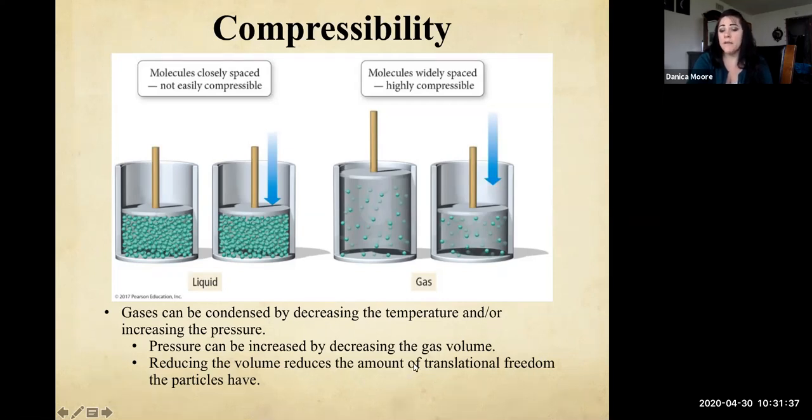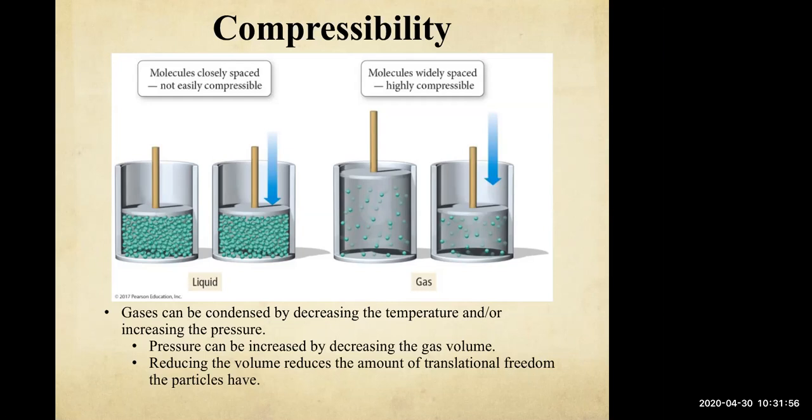Basically, what you're talking about when you're talking about compressing a gas is reducing the freedom of the molecules, which is exactly what you see in a liquid. Does that kind of make sense, guys? Okay.